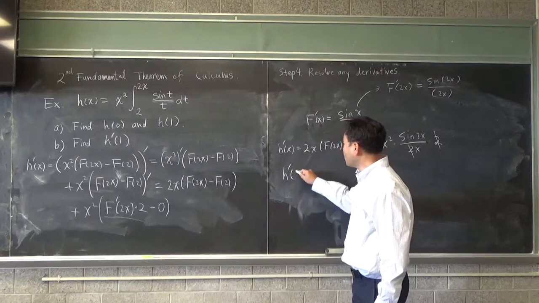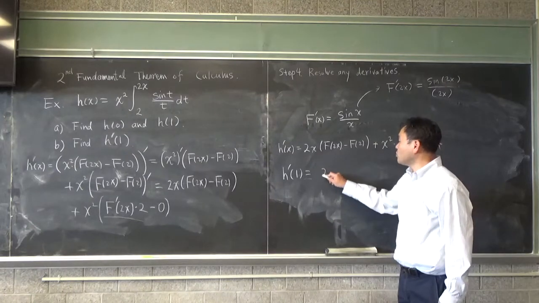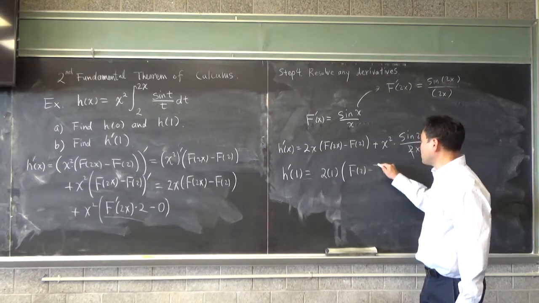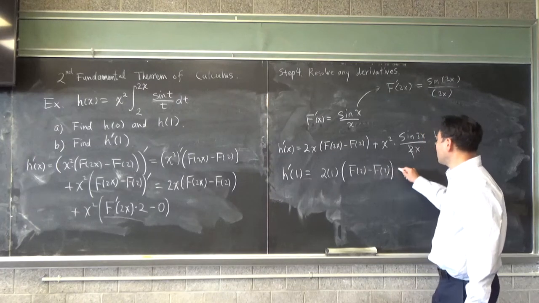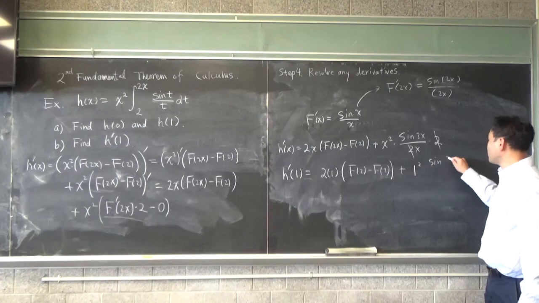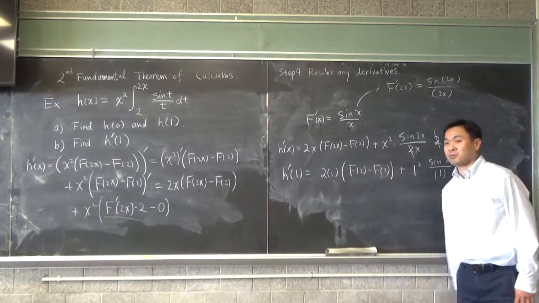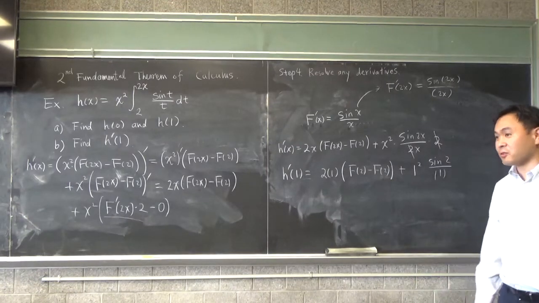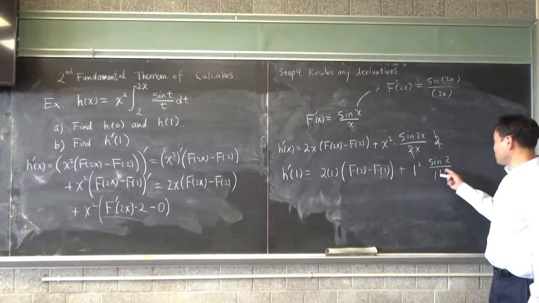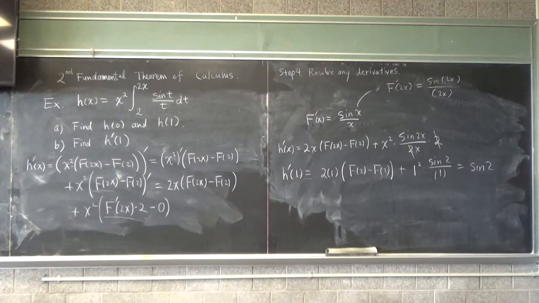Now we can plug in 1 for x and calculate h prime of 1, which is 2 times 1, F of 2 minus F of 2, plus 1 squared, sine of 2 over 1. What's F of 2 minus F of 2? 0. And what about this? 1, 1 doesn't matter, so it's just sine of 2. That's it.